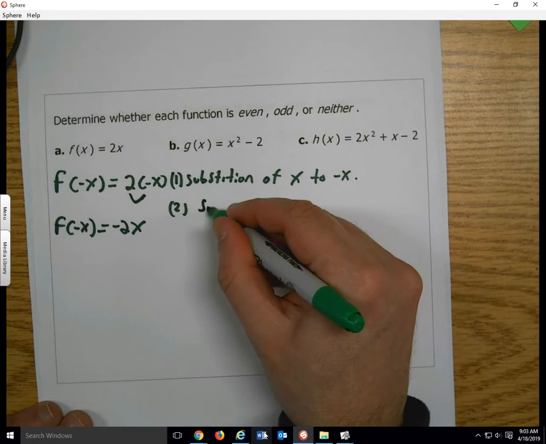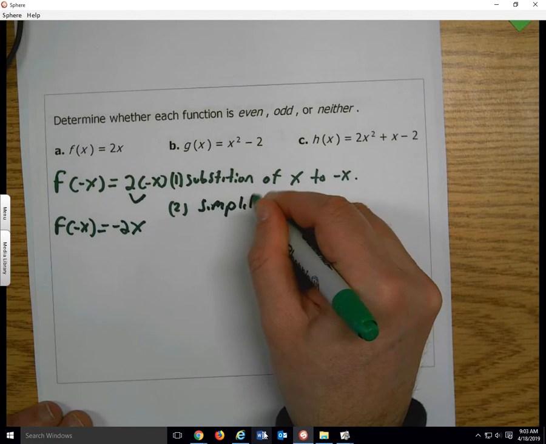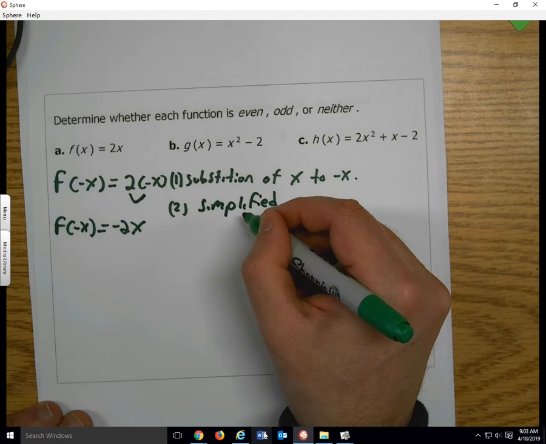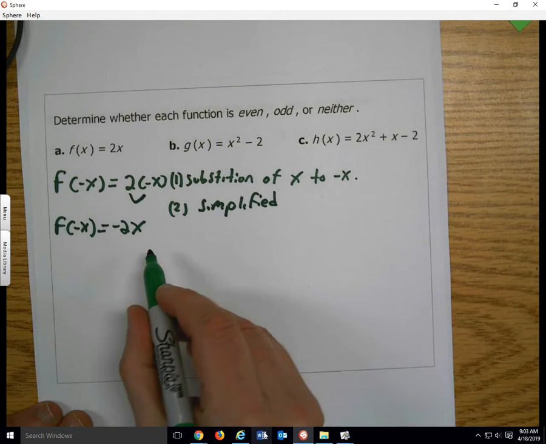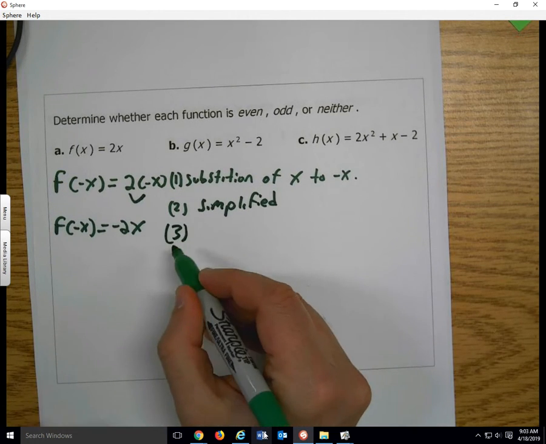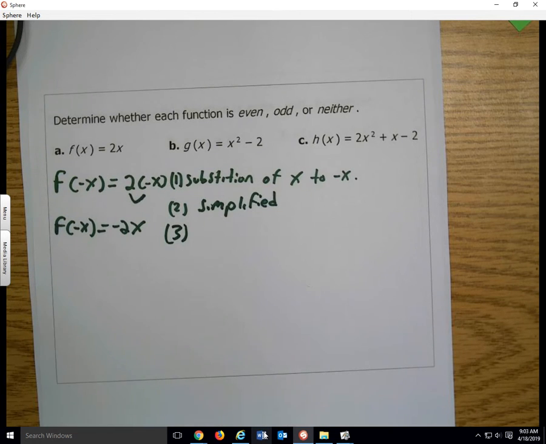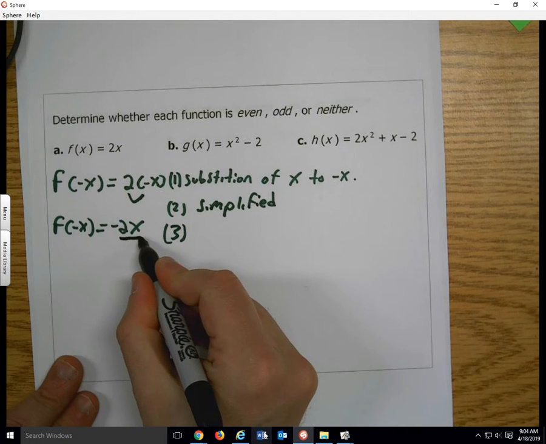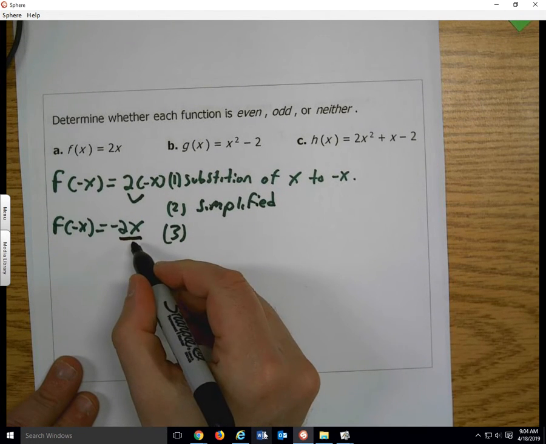So we simplified it, and then we're going to do some substitution here. I want you to see what's happening with the substitution. We're taking just the 2x, leaving the negative, and we're going to substitute what that 2x equals.